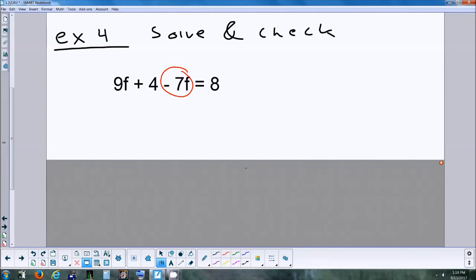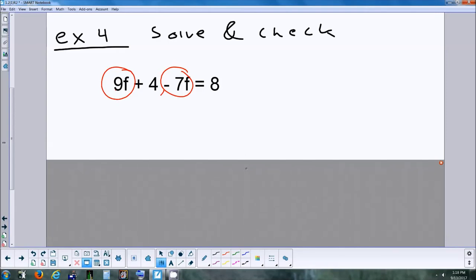Connor, you might as well finish it off. What does that match up to? 9F, right? Those are like terms. Very good. Connor, do you want to do the math so we can simplify that? 9F minus 7F.